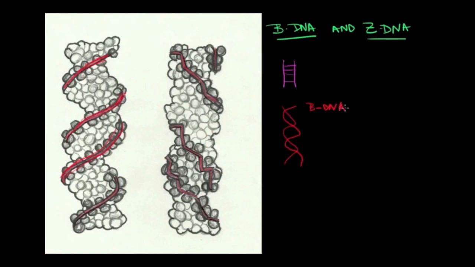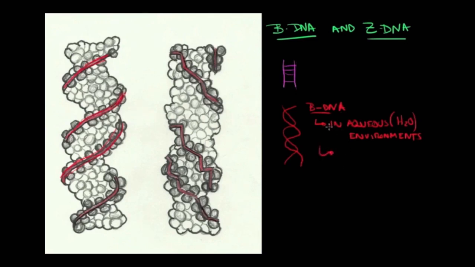And you can find this type of DNA in aqueous solutions, and as the name indicates, aqueous environments. And by aqueous, I mean environments that have H2O or water. Hopefully you know that formula.